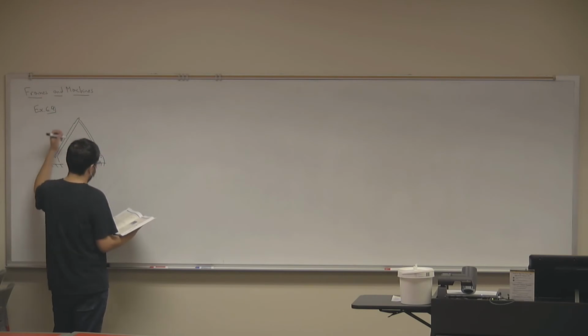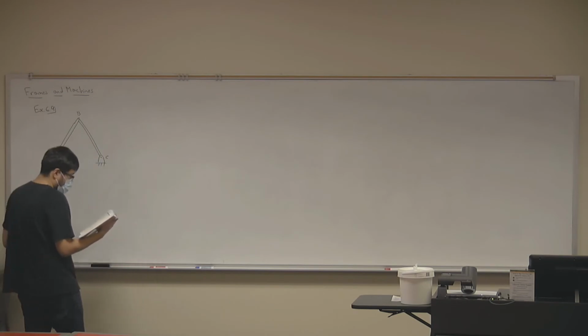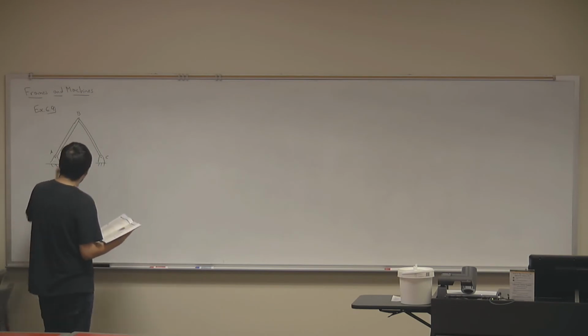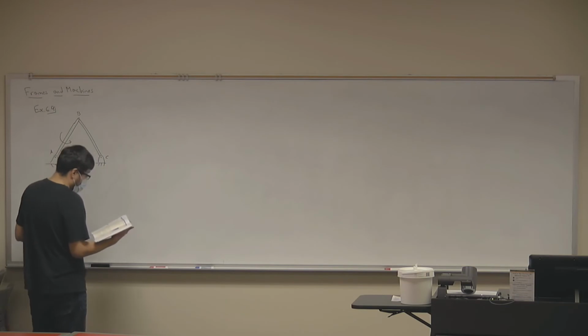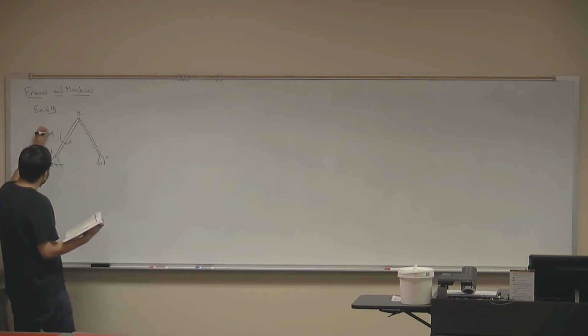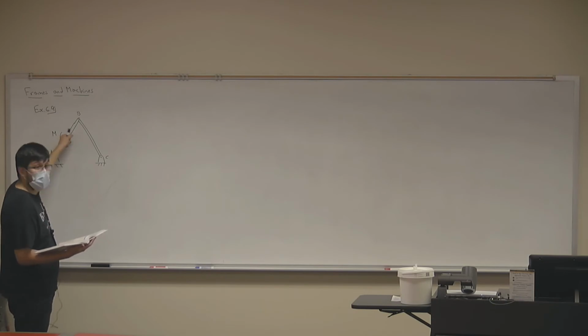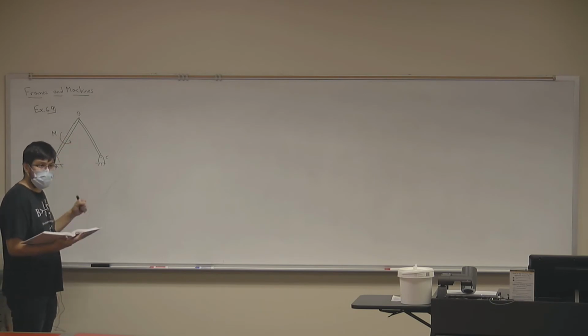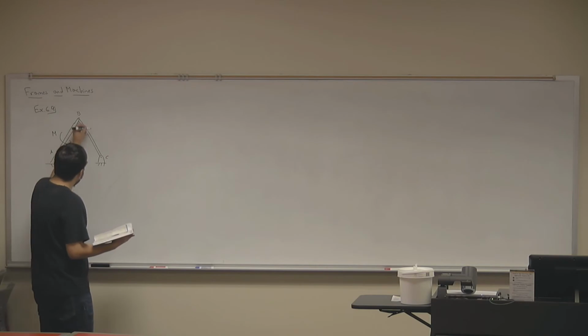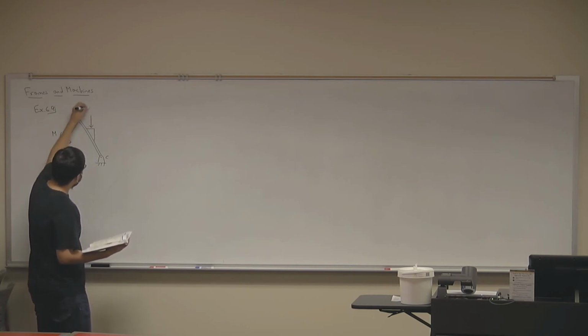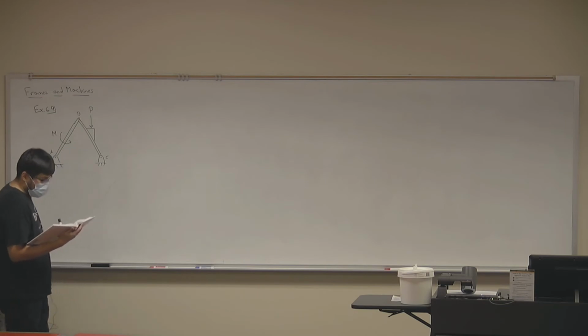And call these points A, B, and C. And let's say that frame AB experiences a moment. In other words, we're applying some rotation to the frame. Okay? Now frame BC has a platform that resists a force that I'm going to call P.